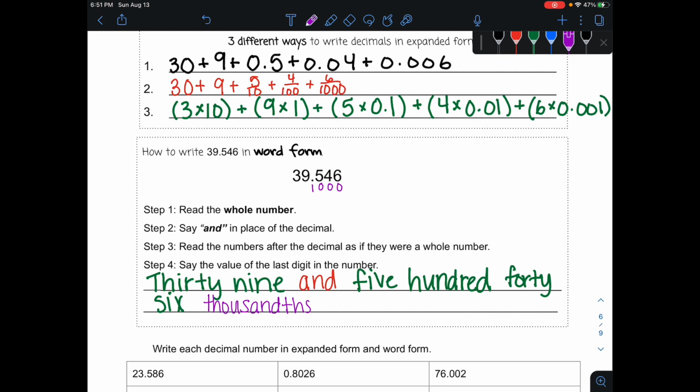So if we were to write, let's say 1.65, I would say 1 and 65 hundredths, because I'll just write that hundredth down there and it'll help me. But yeah, since this is in the hundredths place, that's how you would say it, 1 and 65 hundredths.